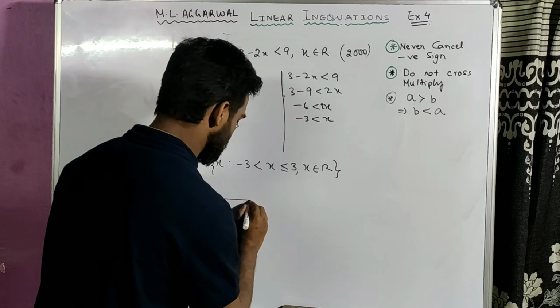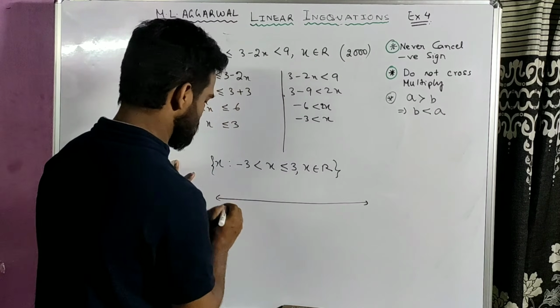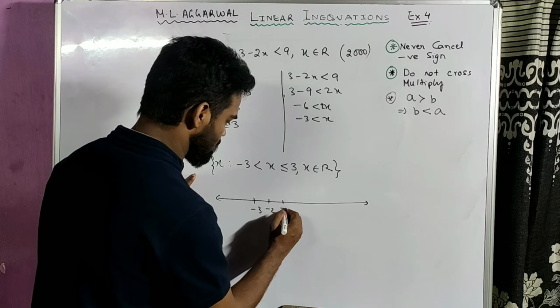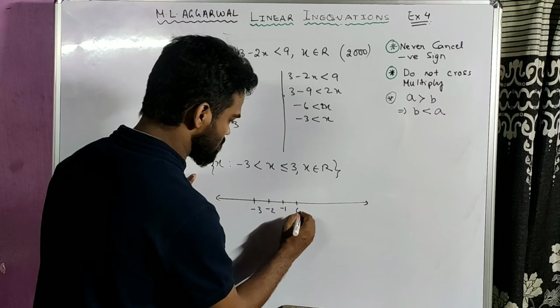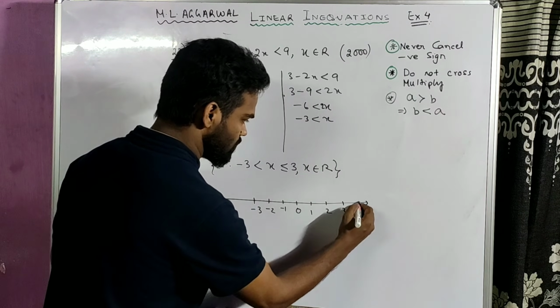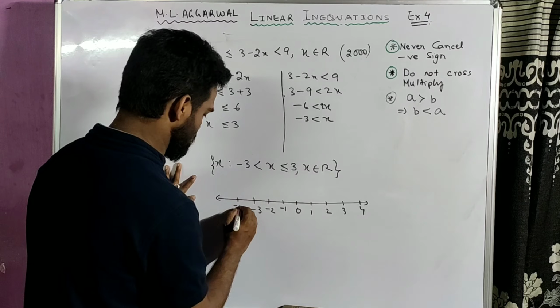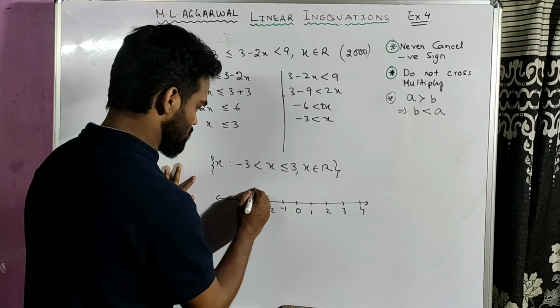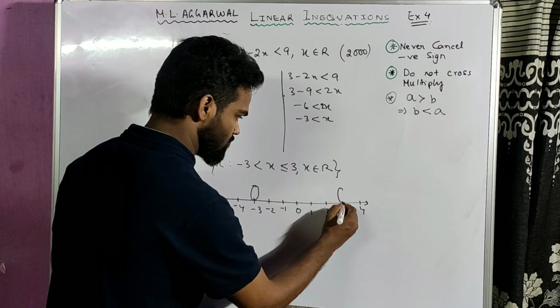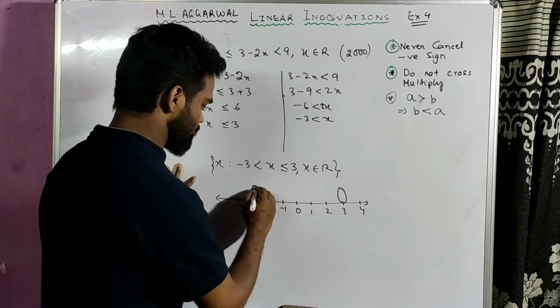Look over here, be careful. This is your minus 3, minus 2, minus 1. This is 0, 1, 2, 3. I'll take one extra on both sides. So your value starts from minus 3, your value ends with 3.